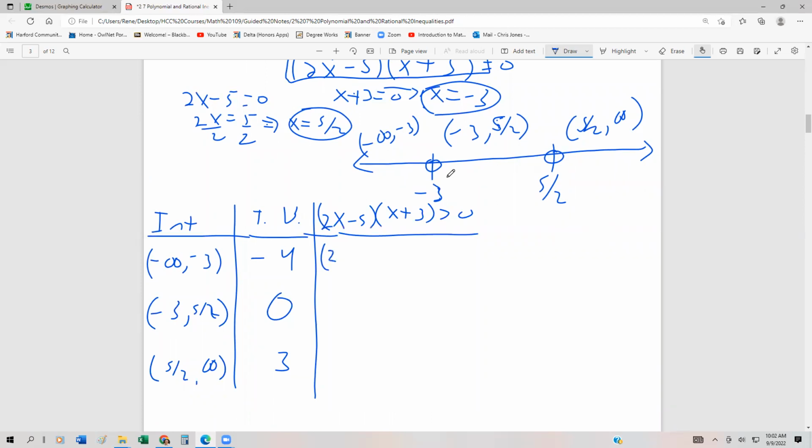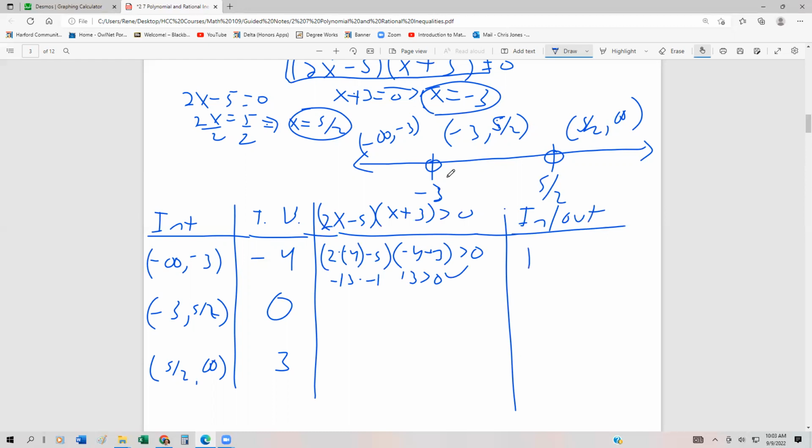This is going to be 2 times negative 4 minus 5, times negative 4 plus 3. If we simplify that, we get negative 8 minus 5, which is negative 13, and this gives us a negative 1. So we get 13 greater than 0, and that's a valid statement. Remember our last column from the last video, we have in or out. So this is in the solution set.